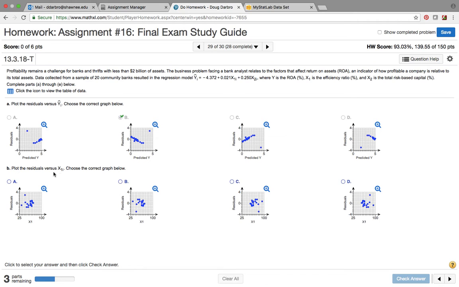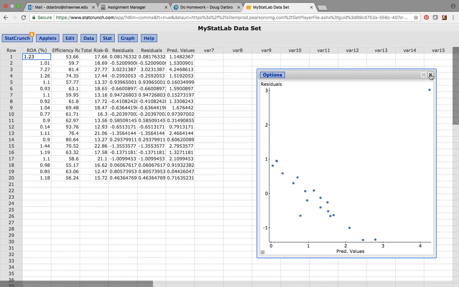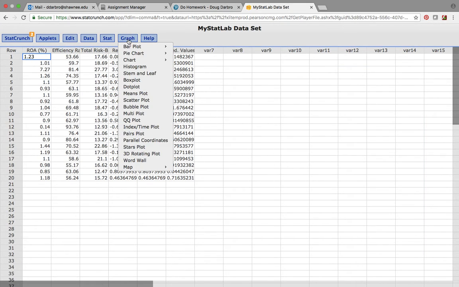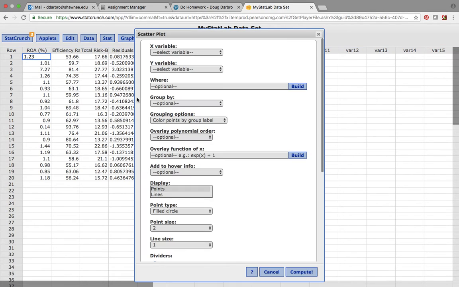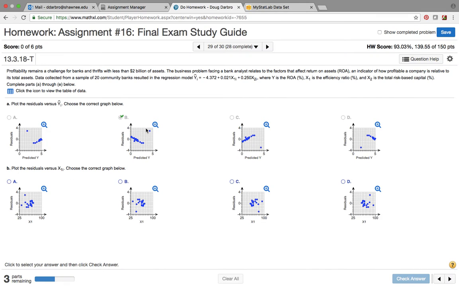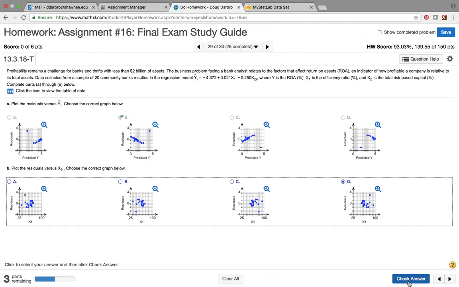Plot the residuals versus x1. So we've got this lone value up here, so we need to try to find something that kind of replicates that. So it looks like to me it would be D.